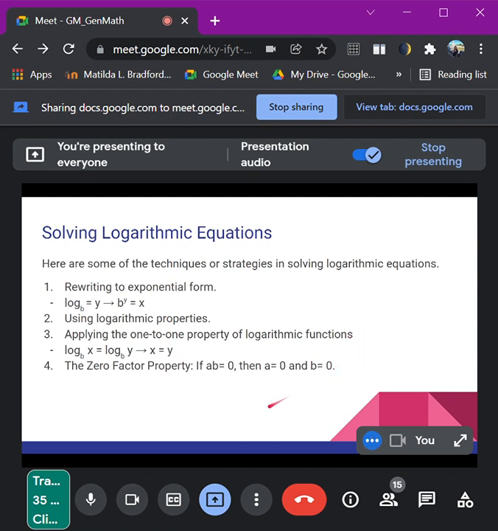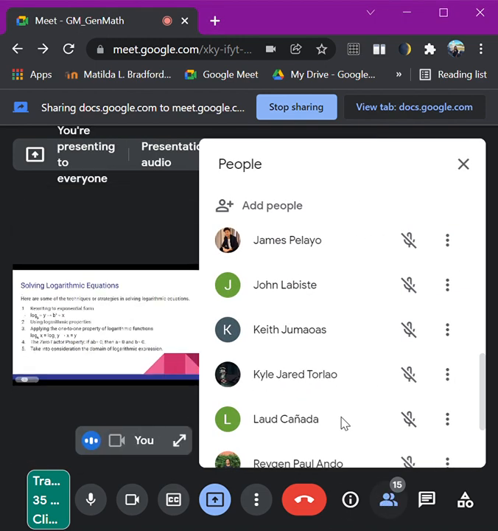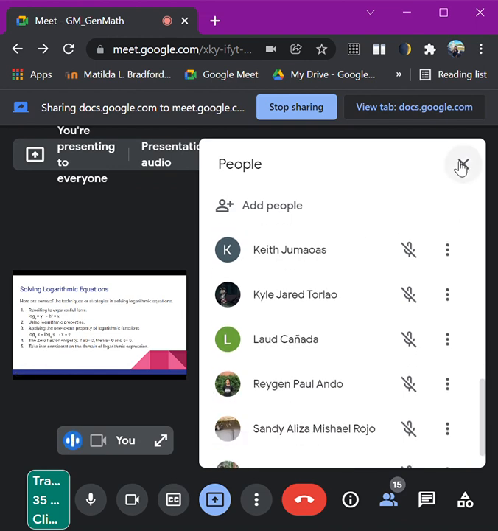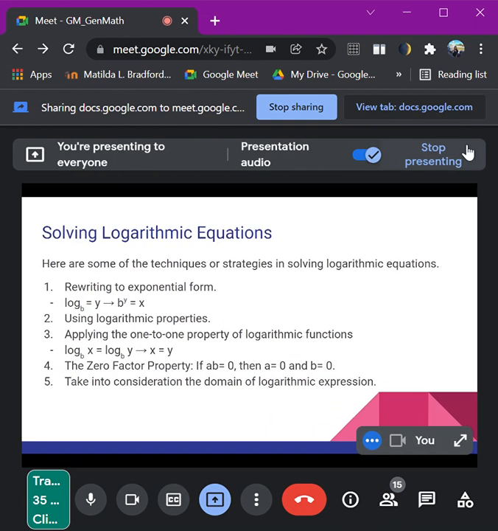Now for the last one, please read. Take into consideration the domain of logarithmic expression. So we need to take into consideration the domain of the logarithmic expression.